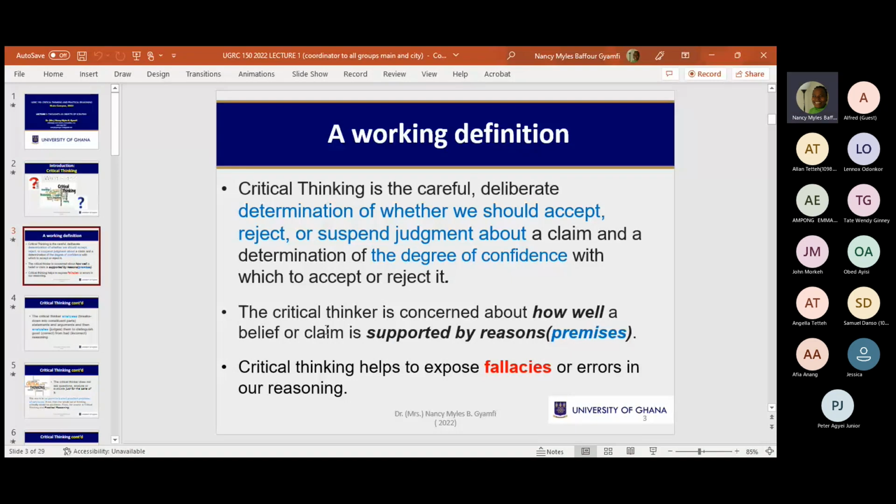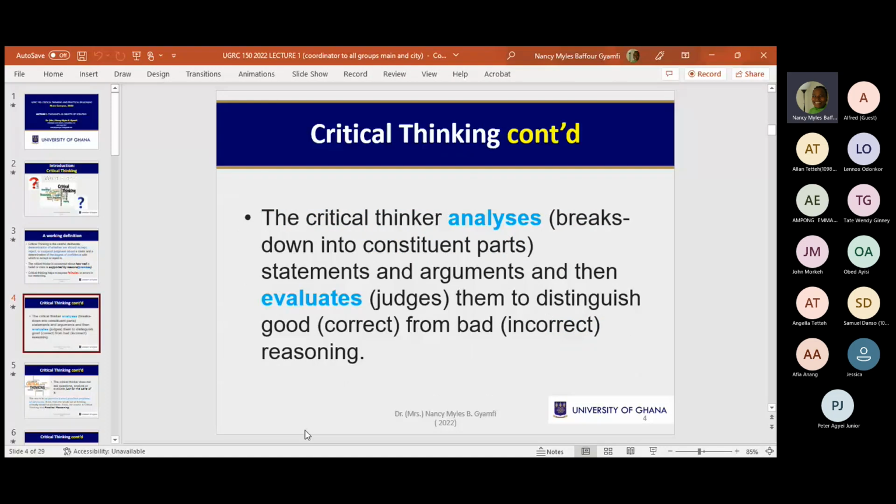A critical thinker should be concerned about how well his or her beliefs are being supported to avoid fallacies. I touched on analysis, ensuring that you can analyze, which means breaking down matters into smaller constituent parts, and evaluate and judge correct from incorrect reasoning.